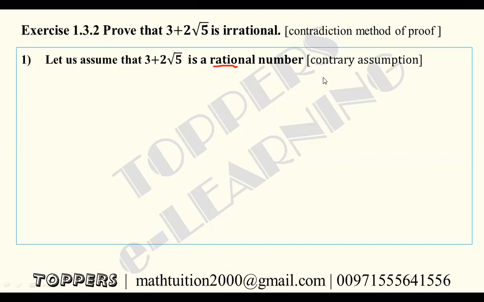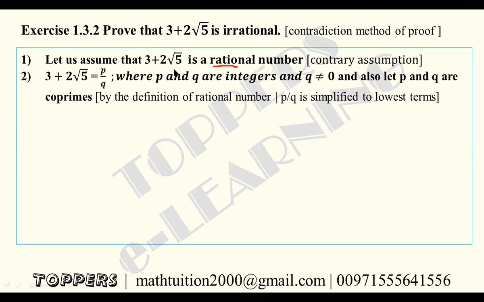What is the next step? We know the standard form of a rational number. It is in the form of p by q, where p and q are integers and q, the denominator, is not equal to 0. So 3 plus 2 root 5 equals p by q, where p and q are integers and q is not equal to 0.